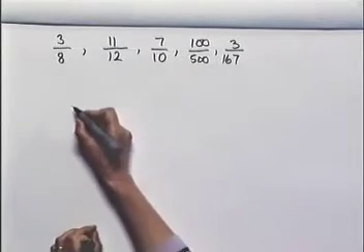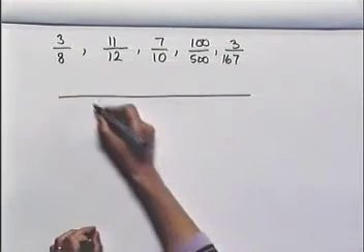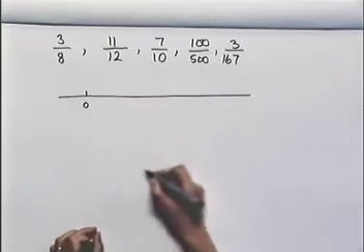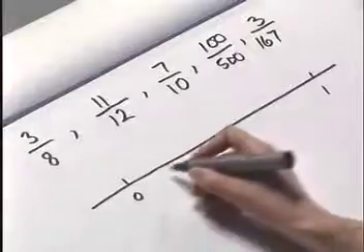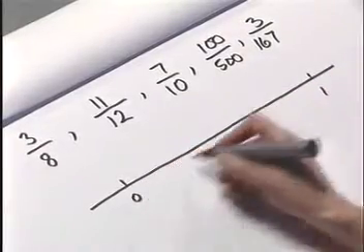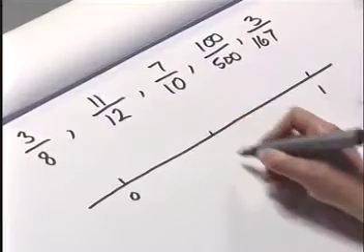And let's see it on a section of number line. So let's say we have 0 here and 1 here. So let's look at what 3/8 might look like. Well, I need to divide my section into 8 pieces of equal size.